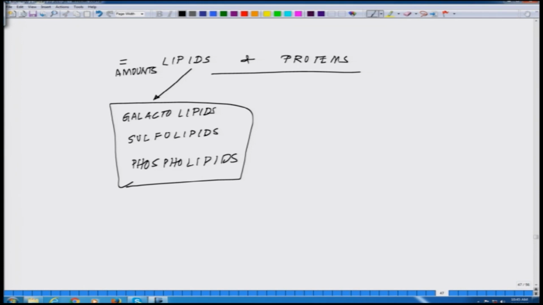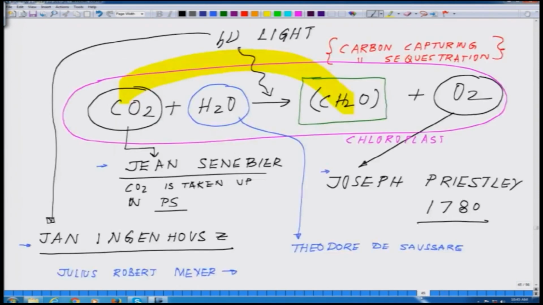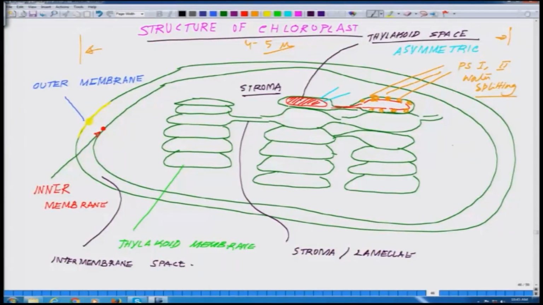So, this is overall, and of course, I have already mentioned to you that this structure also has its own genetic material.